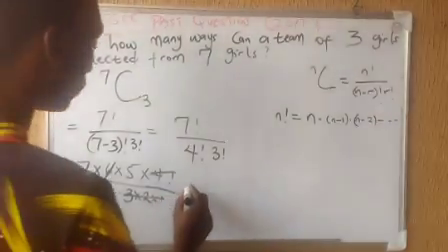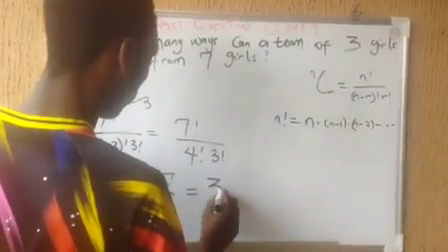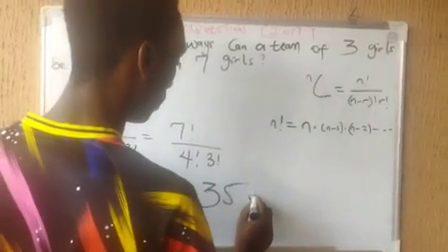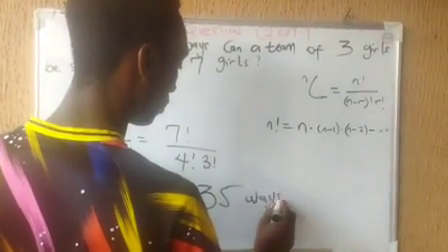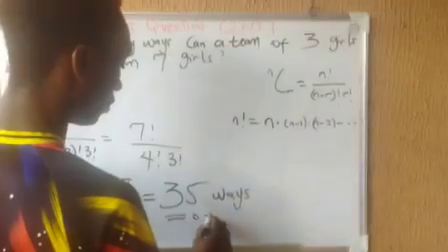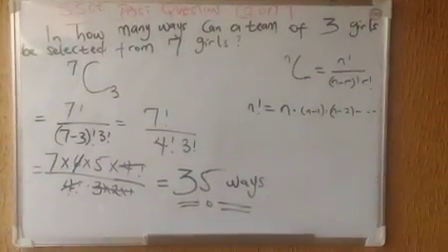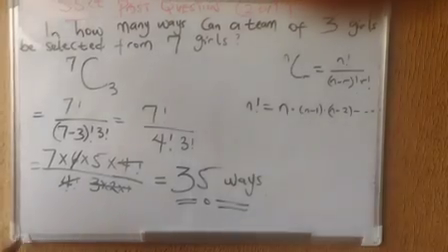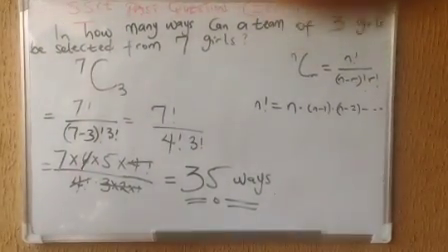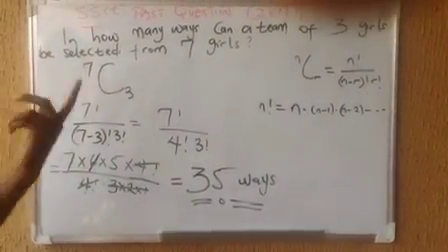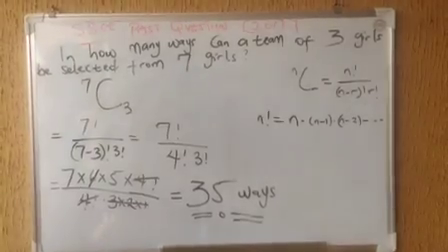So we're left with 35 ways. So when selecting 3 girls from 7 girls, we can do so in 35 ways. We can select 3 girls from 7 girls in 35 ways.